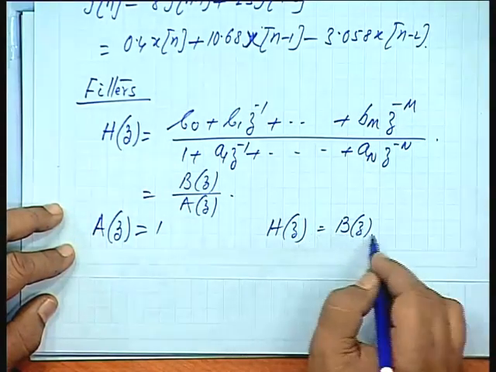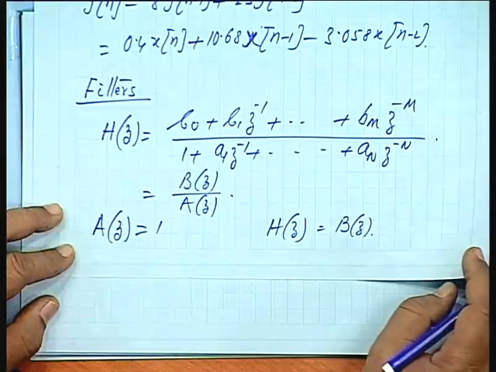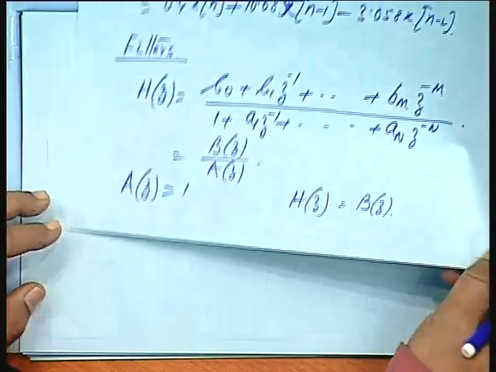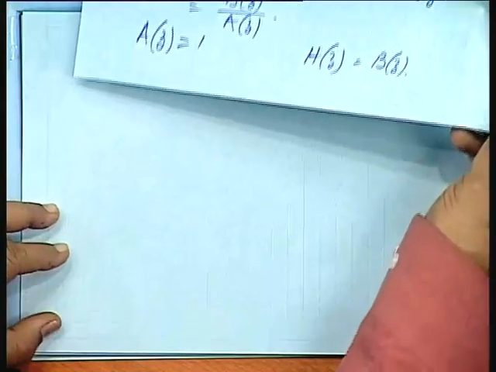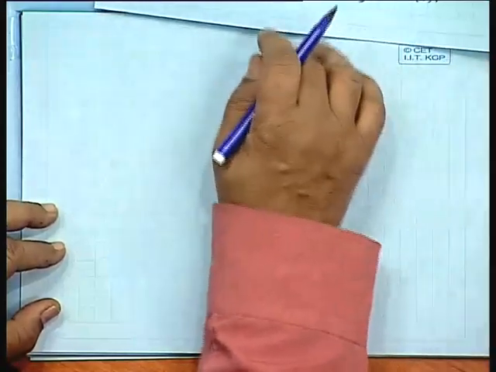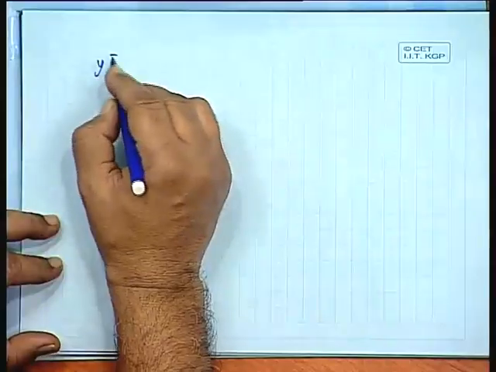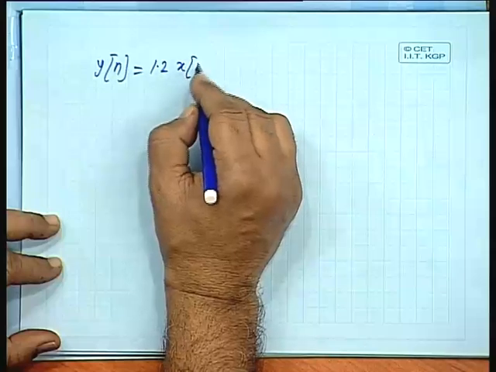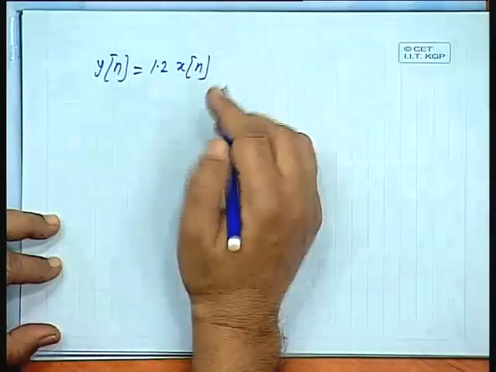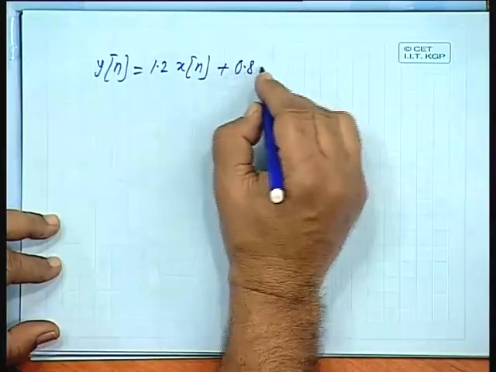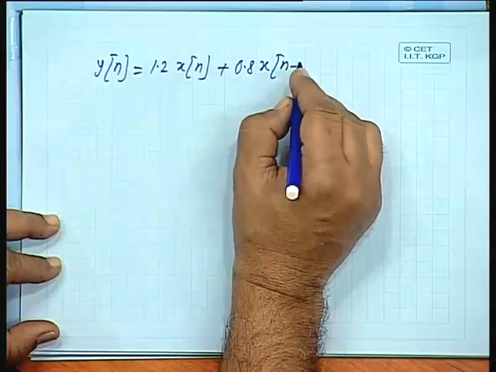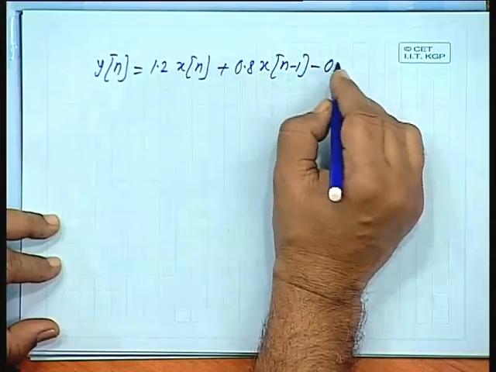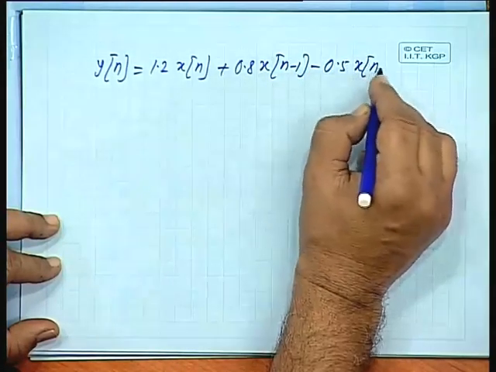So, this is known as finite impulse response filter. If I give an impulse, after some time the output becomes 0. So, it continues only up to a finite length. Say y(n) is 1.2 x(n), I have just taken an example, plus 0.8 x(n minus 1) minus 0.5 x(n minus 2).